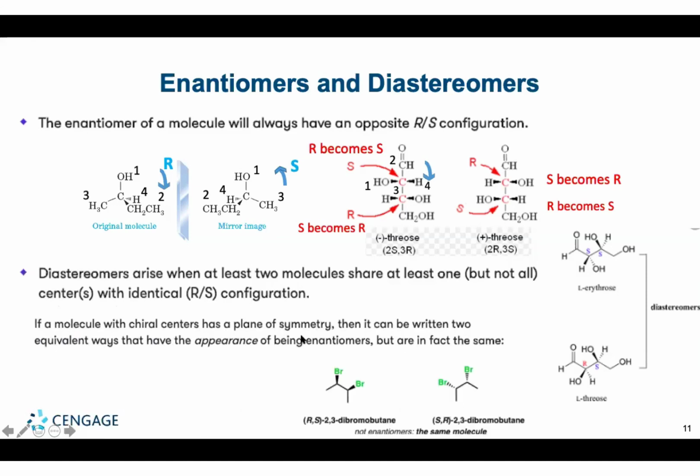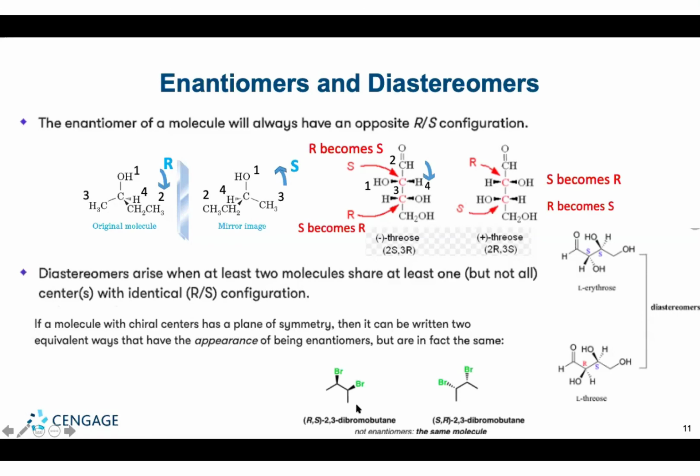Important to note that sometimes we might think that we have enantiomers, but we basically have the same molecules. Look at these two compounds. If you start numbering from the left side, you have R and S, 2,3-dibromobutane.